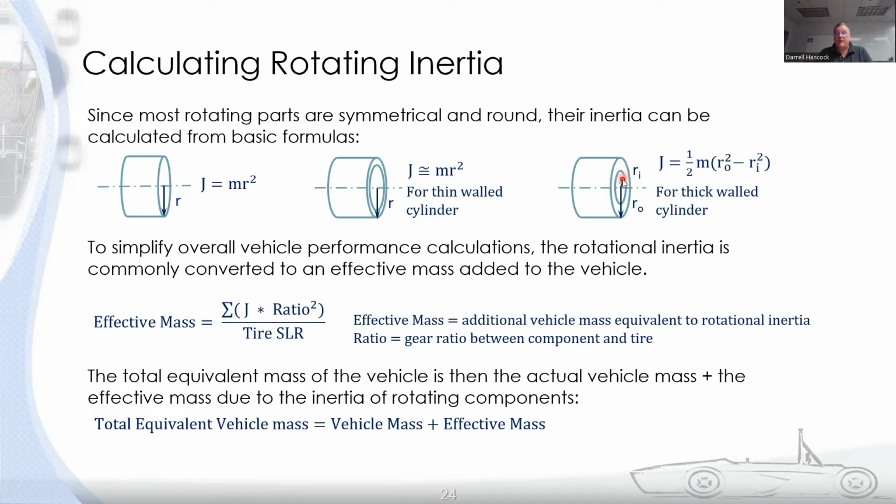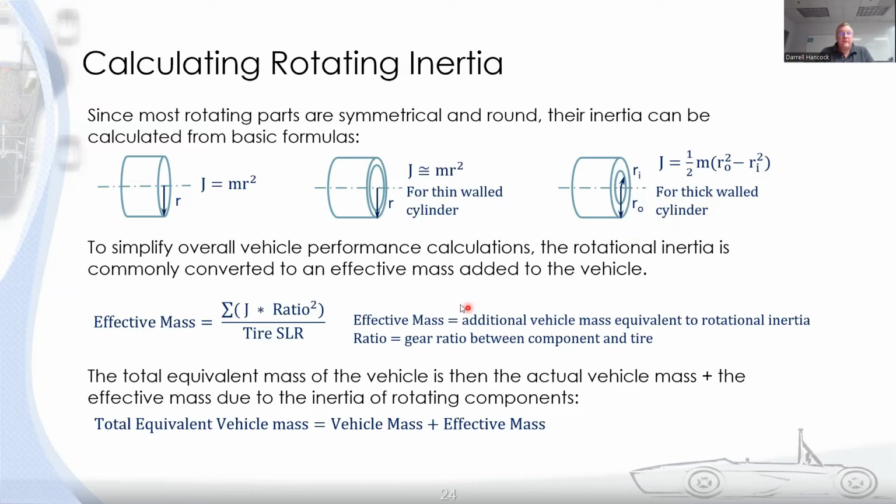If you have a thick-walled cylinder, for instance a shaft with a hole down the center of it, it's 1/2 the mass times the difference of the squares of the radii on your part there. So you can do simple calculations. You're not going to be accurate out to the third decimal place, but they're accurate enough to do your calculations for your vehicle's performance, right?